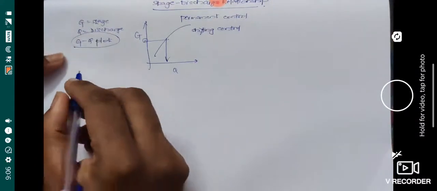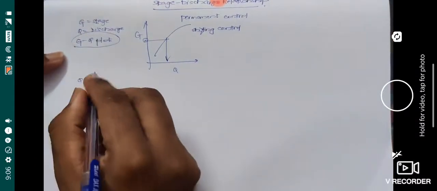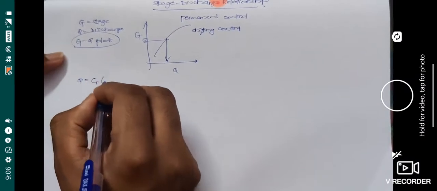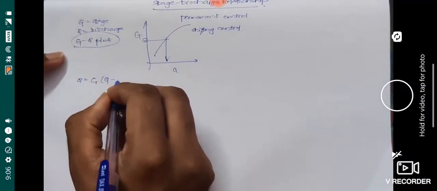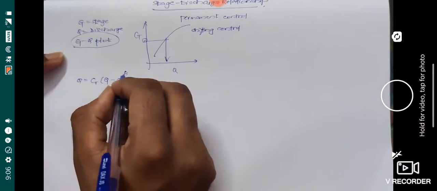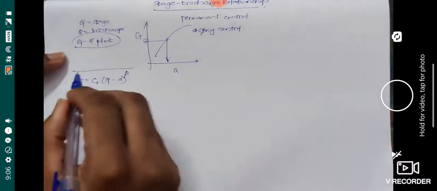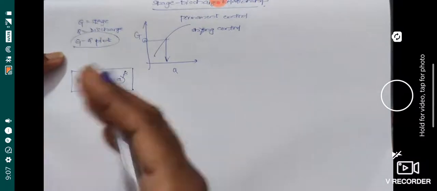So for that, we'll be making the relationship as Q is equal to CR multiplied by G minus A, the whole raised to B. This is the relationship for a permanent control. Permanent control means the relationship between G and Q is a constant, it's not varying.